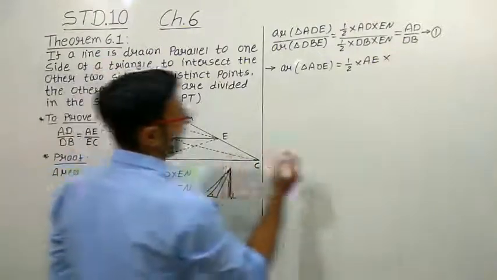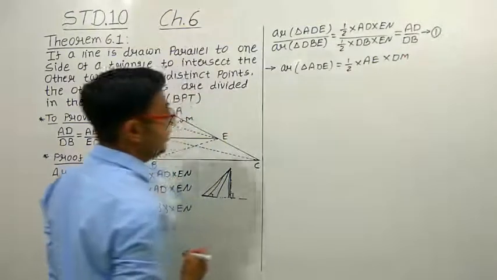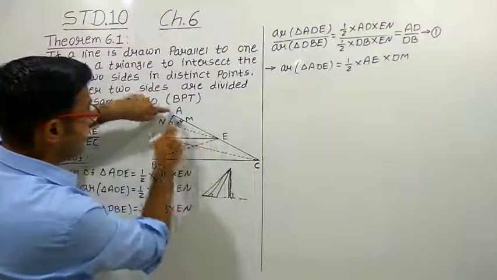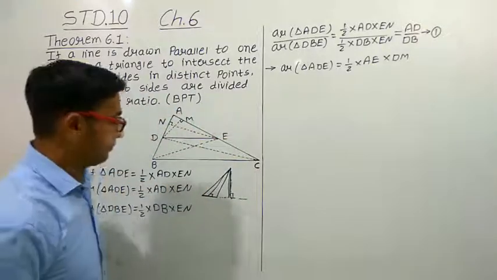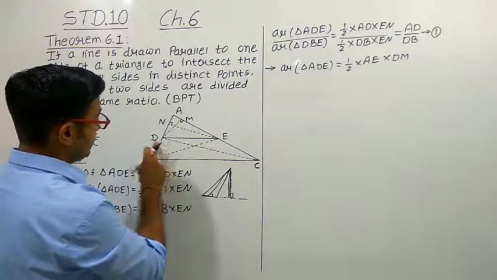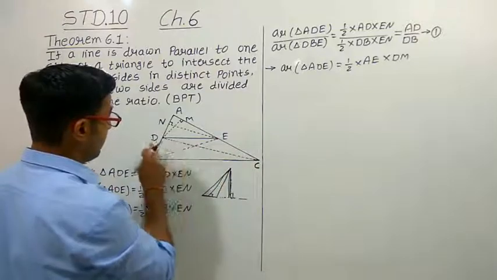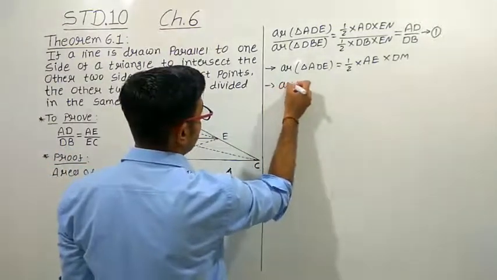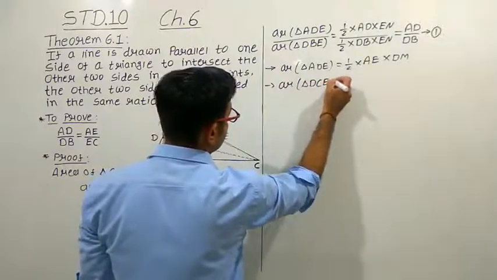That is DM. 1/2 AE into DM. Right? This is the area of triangle ADE with base AE and altitude DM. In the same way, now we have to consider the area of triangle DEC or DCE.